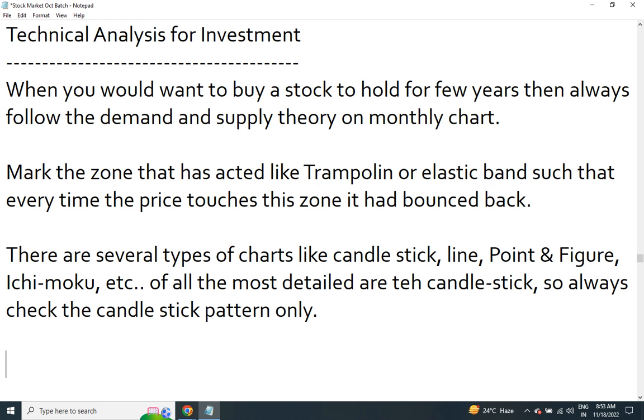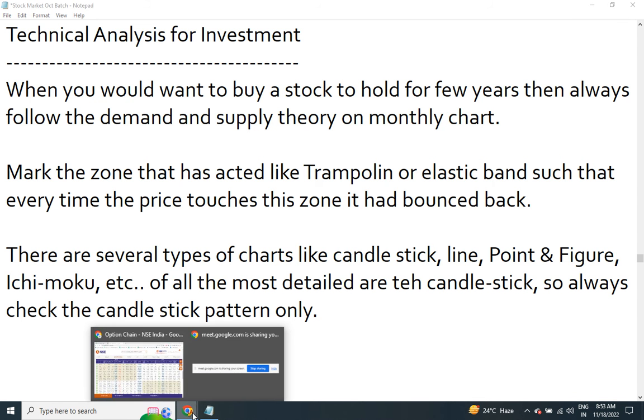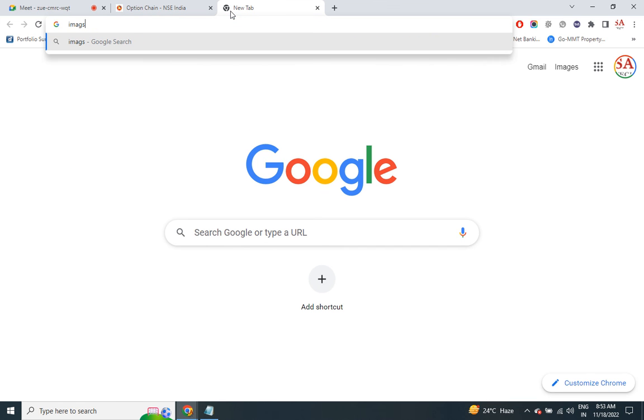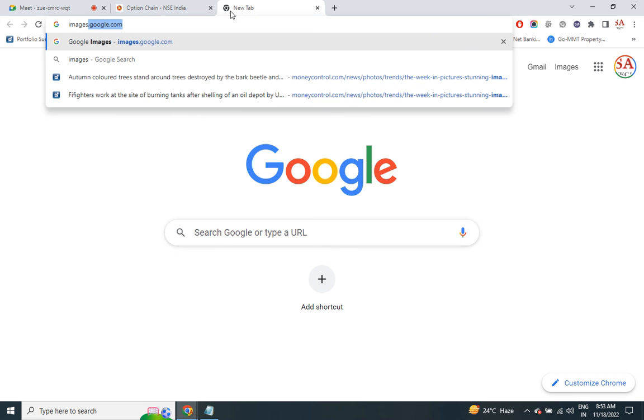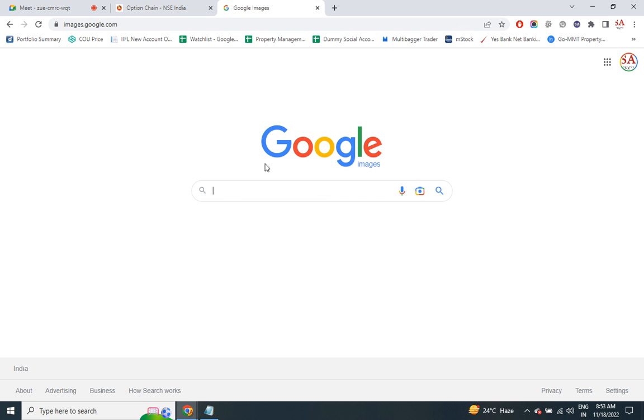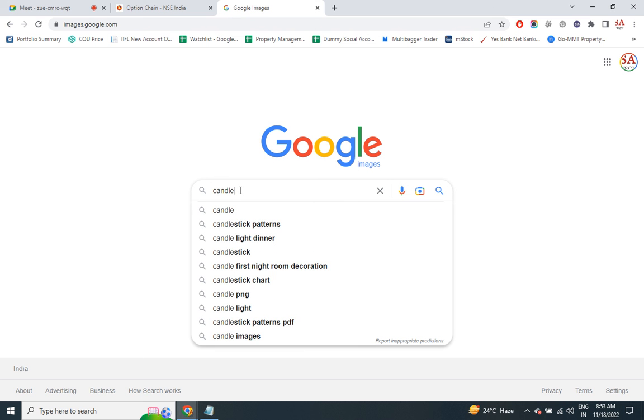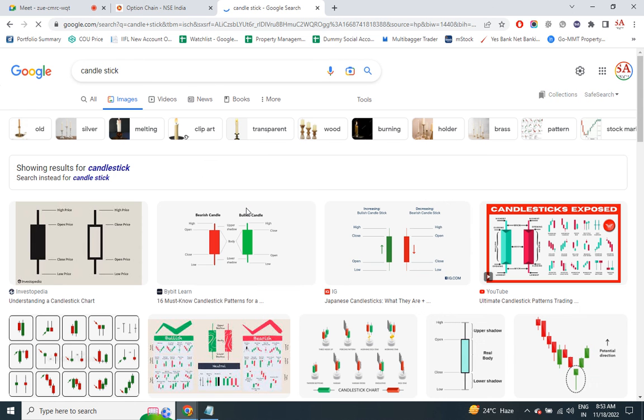Alright, so in technical analysis, you are going to find chart patterns of various types. So let us see quickly what kind of charts we have. This is the most widely used: candlestick patterns.